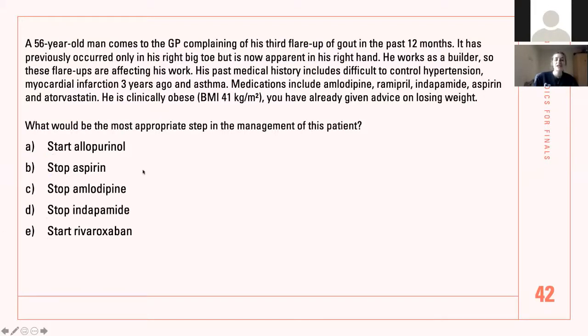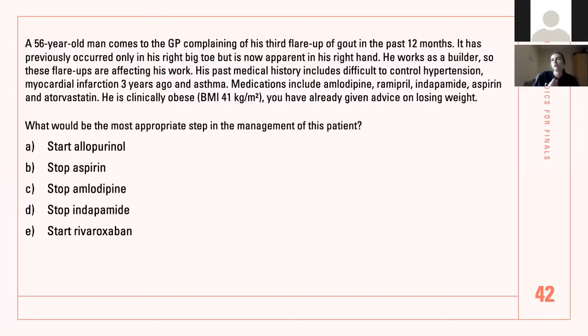I think the second to last question. A 56-year-old man comes to the GP complaining of his third flare-up of gout in the past 12 months. It's previously occurred in his right big toe, but it's now apparent in his right hand. He works as a builder, so these flare-ups are affecting his work. He has a past medical history including hypertension, an MI 3 years ago, and asthma.